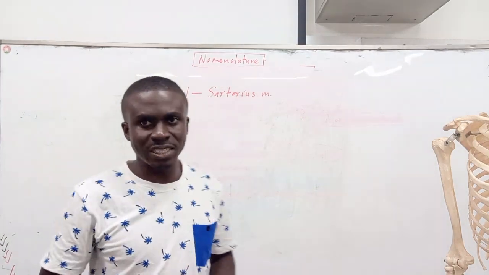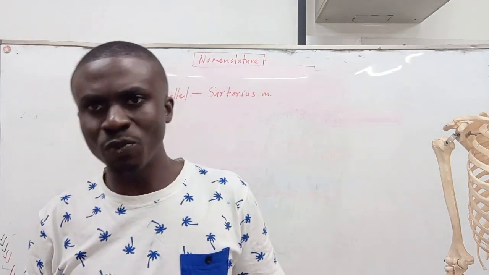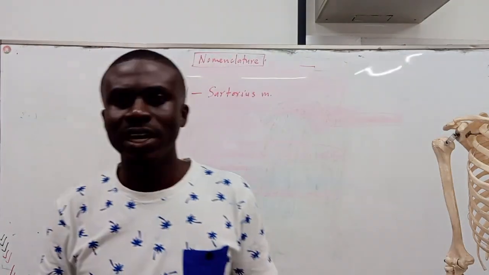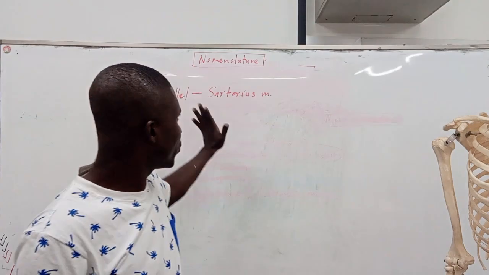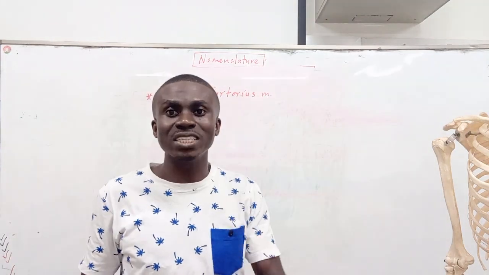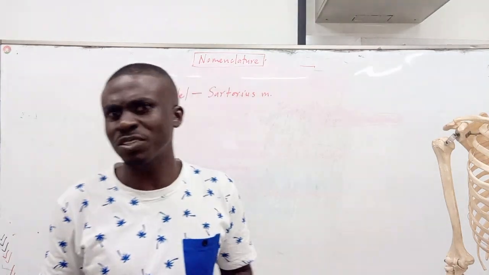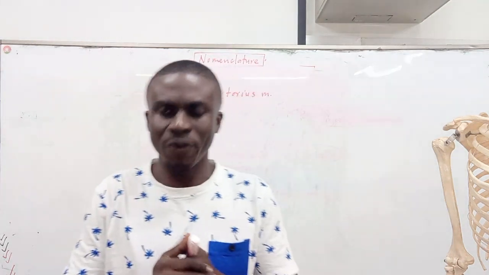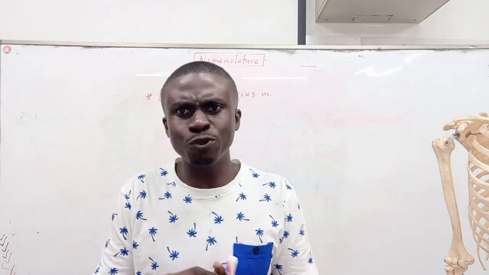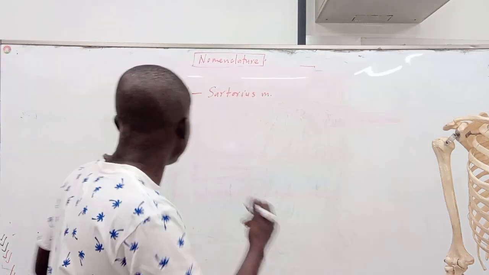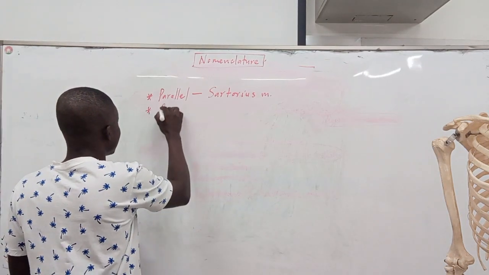Sometimes we also call it the tailor's muscle. We also call it the honeymoon muscle. I'll explain all these things for you. This sartorius is the longest muscle we have in the human body.